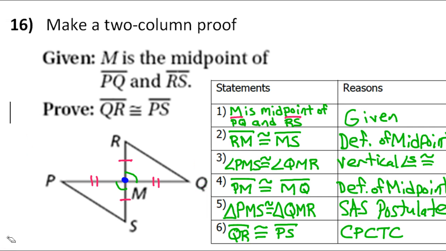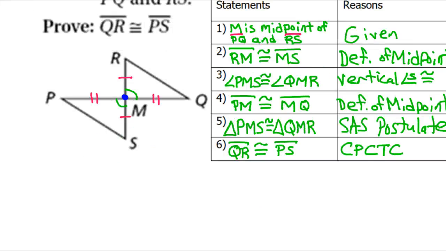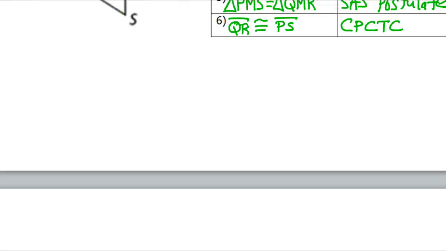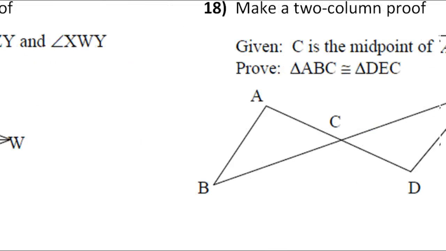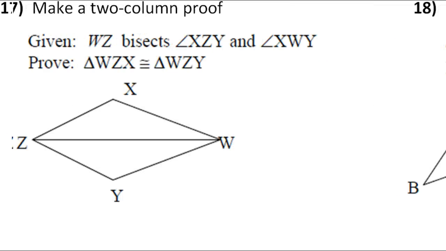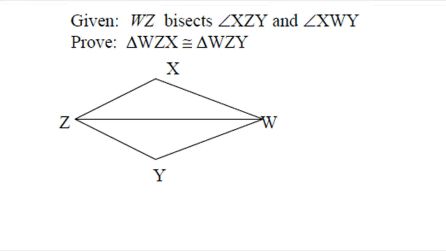Alright, that's going to be a good place to stop this video. This is part 2 of a larger review. Let's take a sneak peek at what is in store for the third and final part of this review. We have a couple more two-column proofs coming up in part 3.